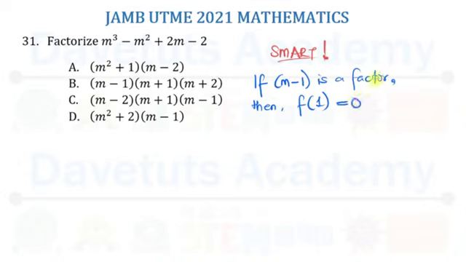So we want to test here. Let's look at function of 1. If it is 0, then that means m minus 1 is a factor of this particular expression. Wherever we see m, we are going to put 1. We have 1 raised to the power 3 minus 1 raised to the power 2 plus 2 multiplied by 1 minus 2. So the first two terms, this is 1.